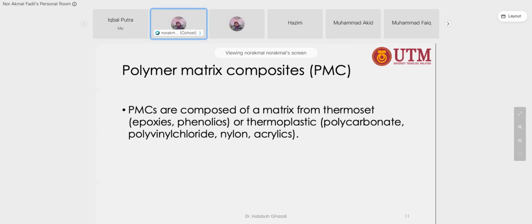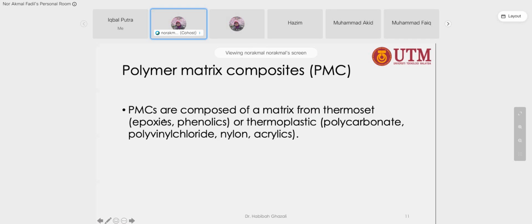Different composites are categorized based on the matrix, either polymer, ceramic, or metal matrix. First, the polymer matrix composite.